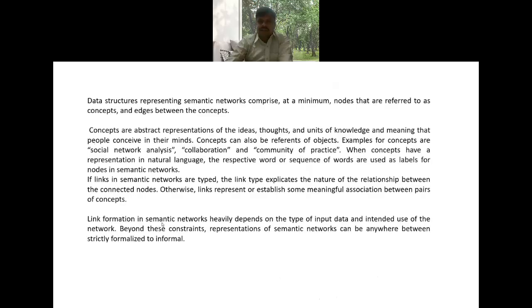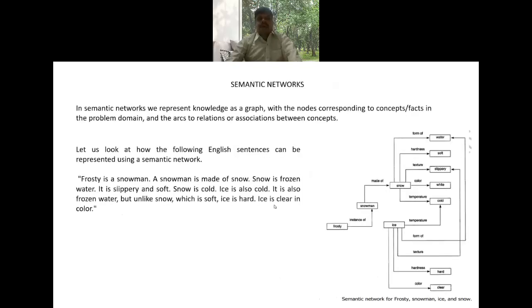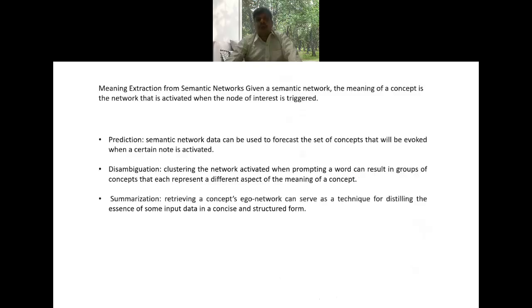The link information consists of some type of relation between concepts, from one concept to another concept, or between a concept and an attribute. Clear?